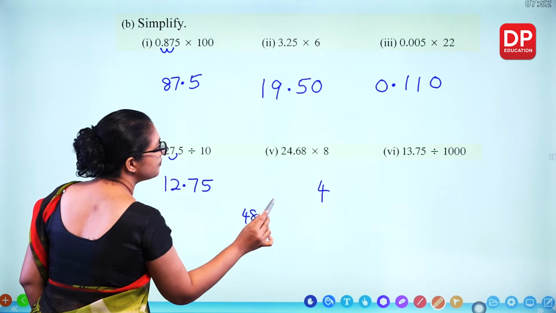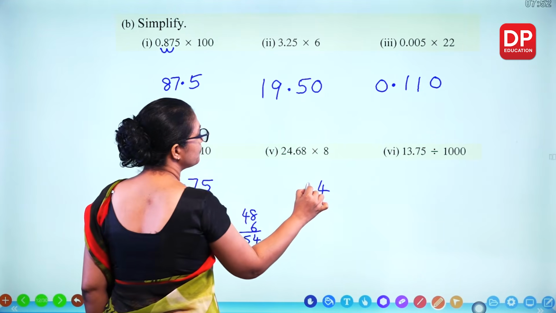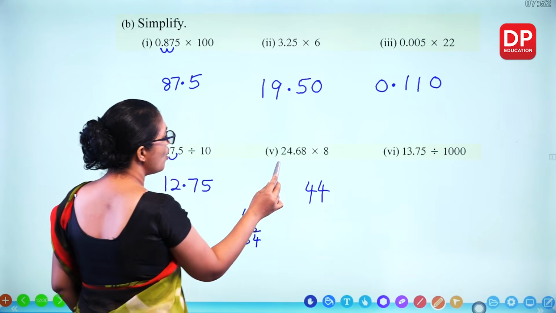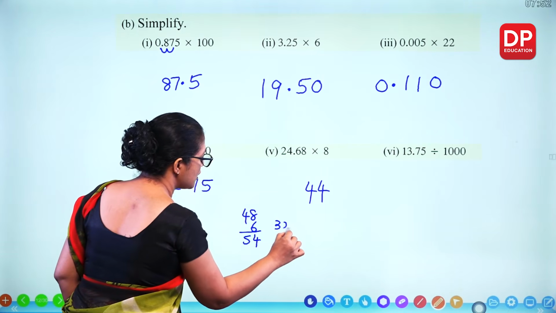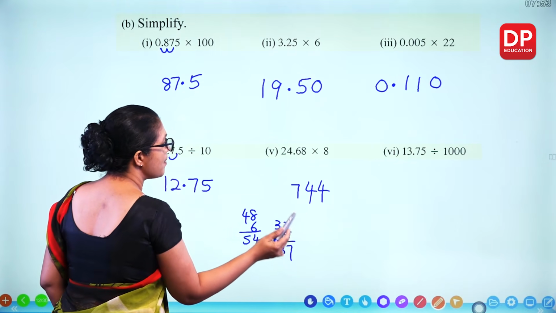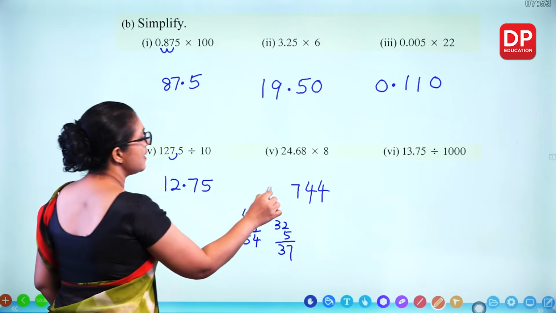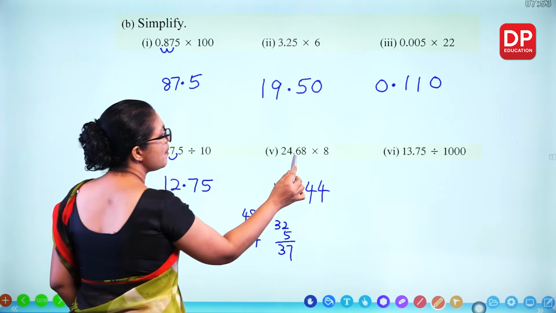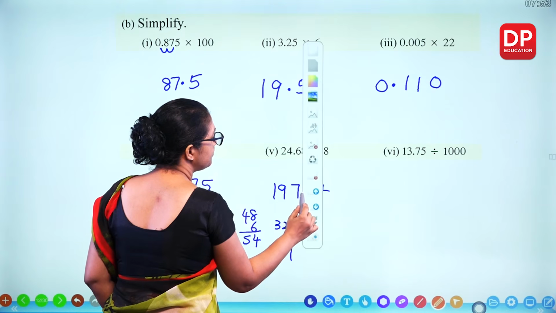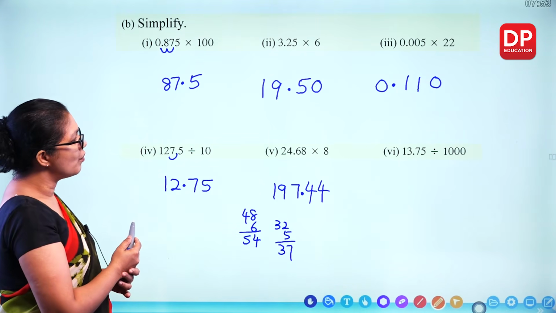Plus 6, 54. 4 and 5 remaining. 8 times 4, 32. 32 plus 5, 37. 3 remaining. 8 times 2, 16 plus 3, 19. Now keep 2 decimal places. So the answer is 197.44.